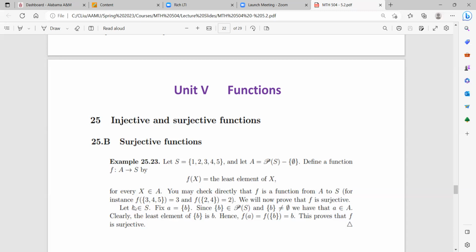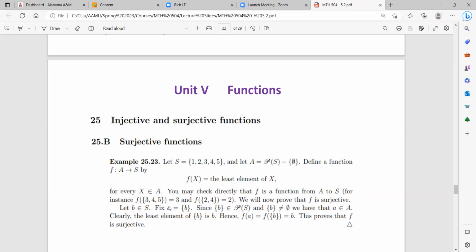So just pick any number b in this set S, and then let A equal the set {b}. That's just a set of one element, the number b itself.